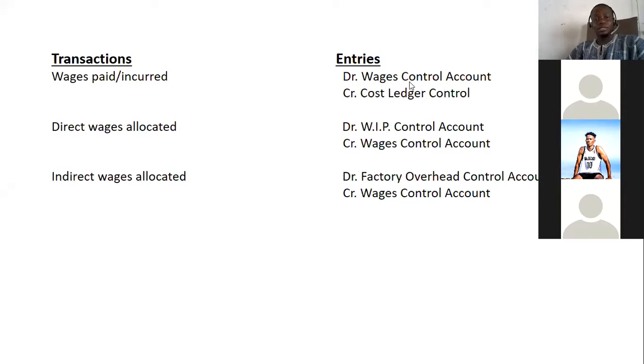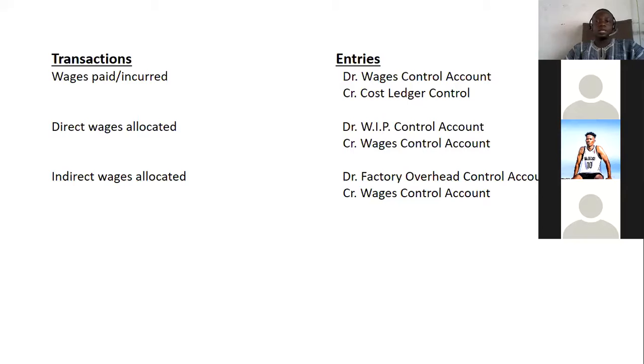So here, the entries are: we debit our wages control account, and then we credit our cost ledger control account. Okay. Wages paid, wages incurred, you debit your wages control account, then credit your cost ledger control account.